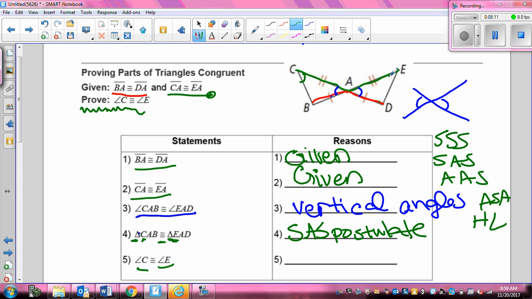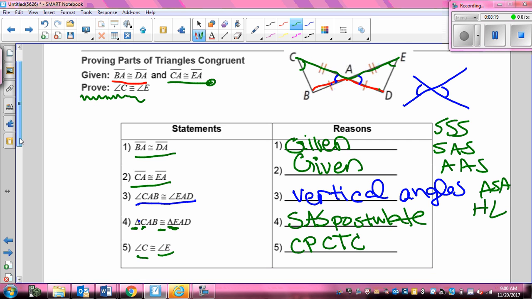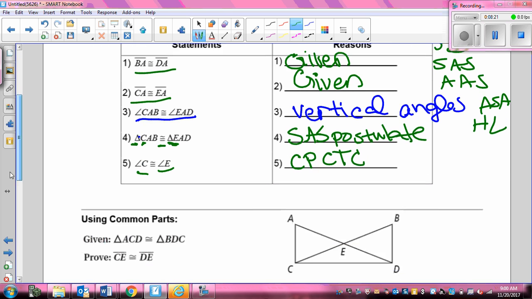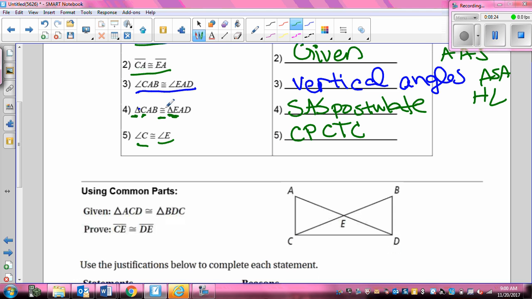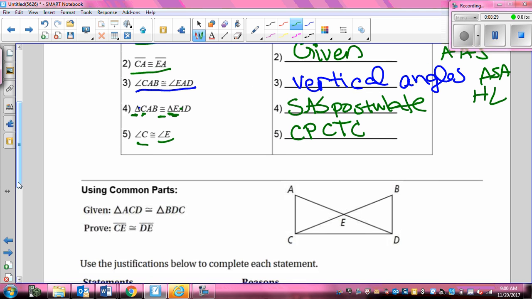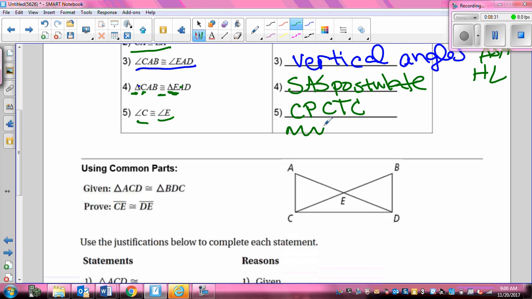Angle C is congruent to angle E. My reason is always going to be CPCTC: corresponding parts of congruent triangles are congruent. And it's pretty formulaic. It's always going to be like this. After we prove my triangles are congruent, we can prove anything about them are congruent by CPCTC. This is my reason.